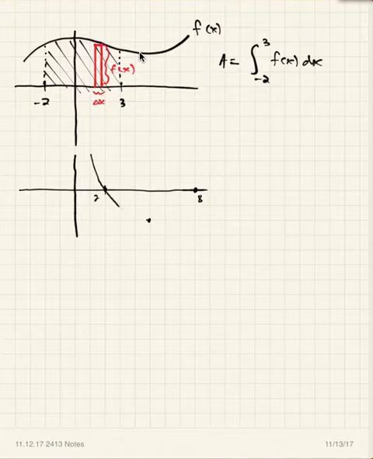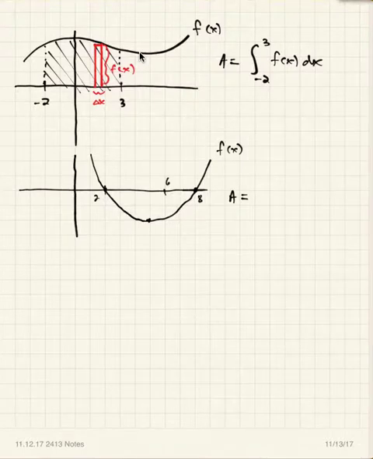We don't really care too much about what the equation is at this point, so we'll just identify this as some function f, and we are trying to identify the area of this region between x equals 2 and x equals 6, like this. So this is the region we're after, and we want to write a definite integral that gives us the area of this region.